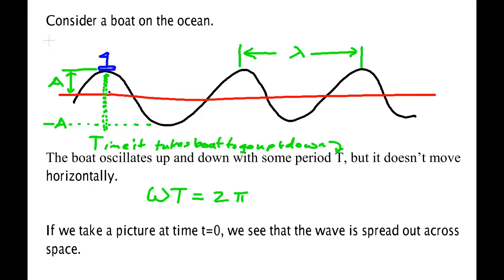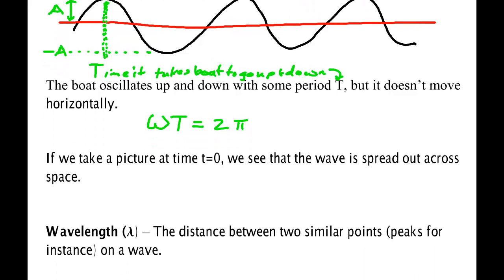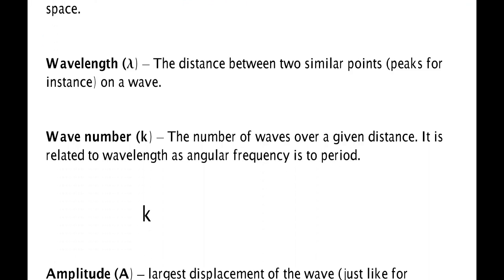But we now have this spatial picture in which there's multiple peaks. And we know that as the boat's going up and down, this disturbance is moving horizontally over with some speed. This is interesting, and we can actually note some things about it. First of all, we've indicated that there's a distance over which it will repeat itself.